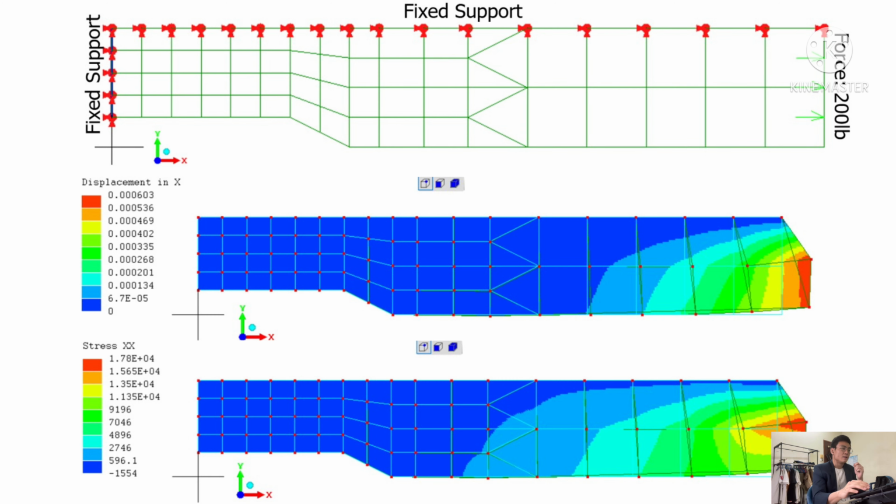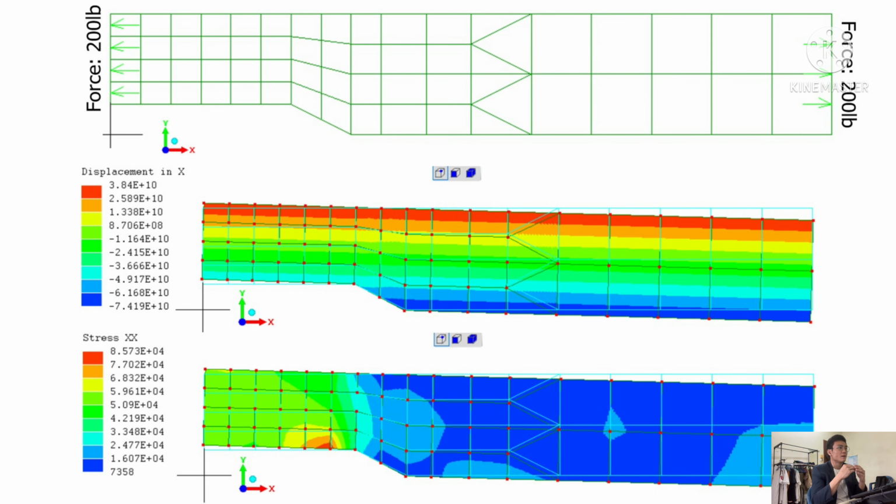So it's okay, we change the fixture. We apply two forces at both ends of the model without the fixed support on the top. The stress seems to concentrate at the desired region, but then the displacement is too large and it's not logical.